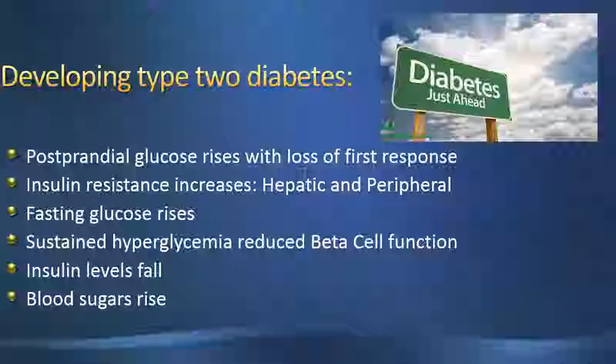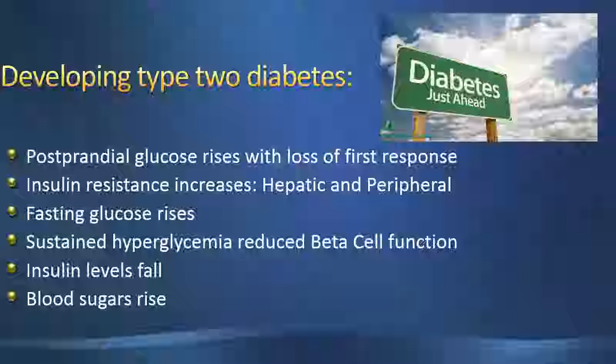So what are the warning signs? The first thing is that after eating, postprandial sugars are going to start to rise first because of the loss of the first response. The resistance increases, both hepatic and peripheral. And then over time, fasting glucoses begin to rise as well. So if your patient has gotten to that point, they've gone well beyond losing that first response.